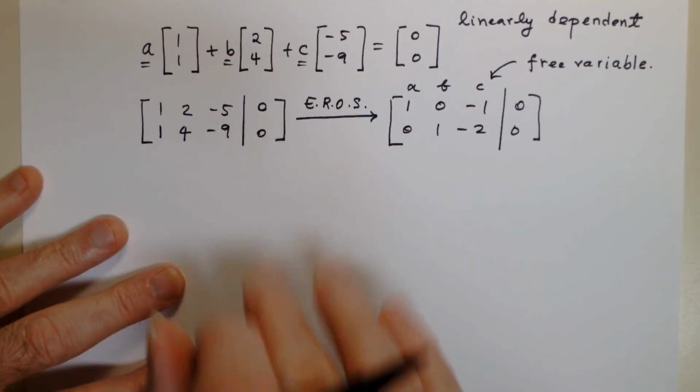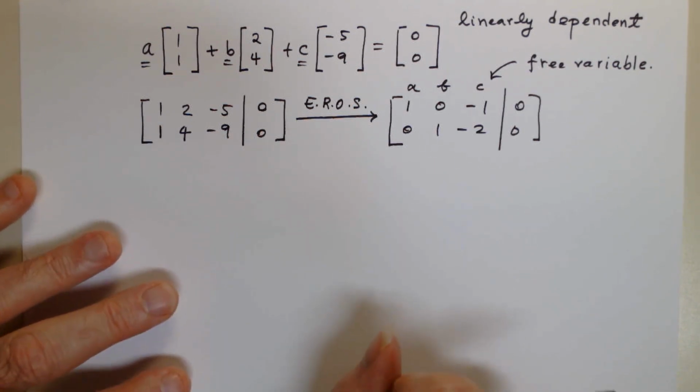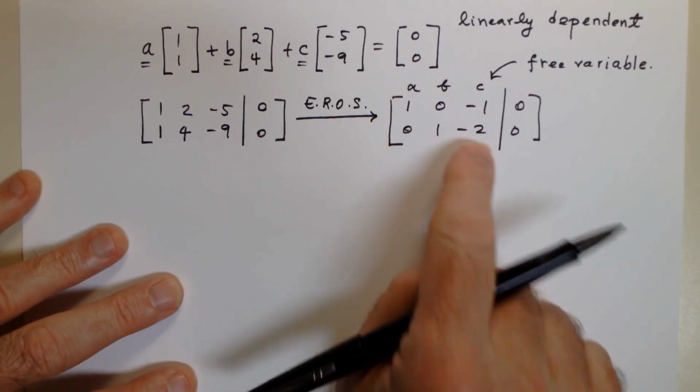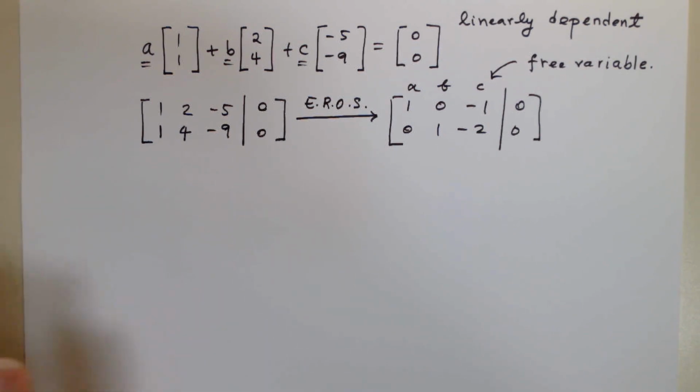There will be a choice other than the trivial choice. So just the presence of the free variable allows us to walk away and declare that collection linearly dependent.